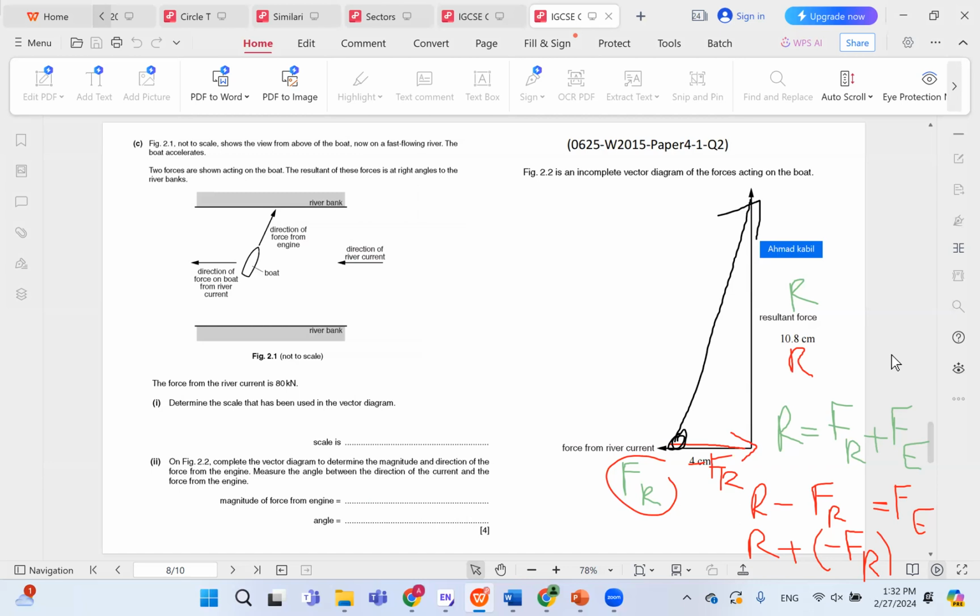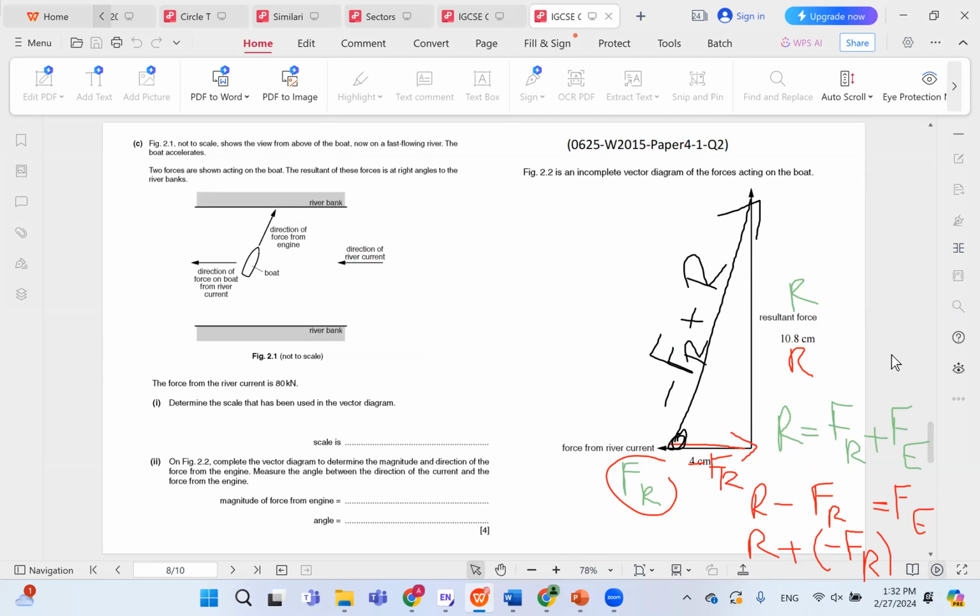This would be equal to negative Fr plus the resultant. And that's what we want because Fe is the resultant minus Fr, the force from the river. So therefore, the third force is negative Fr plus the resultant.